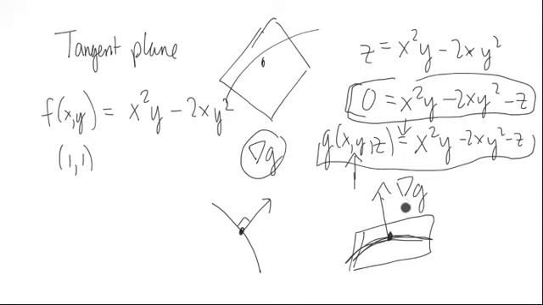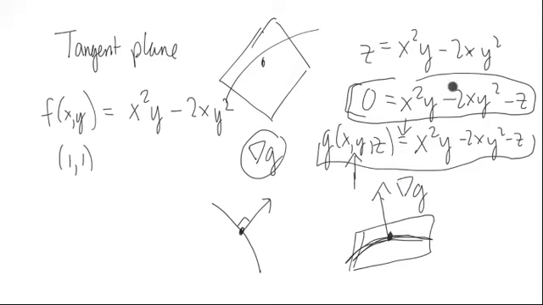So we can get a vector which is orthogonal to the surface, just by finding our gradient of g, or del g in this particular case, and then inputting the specific value that we want on the surface.